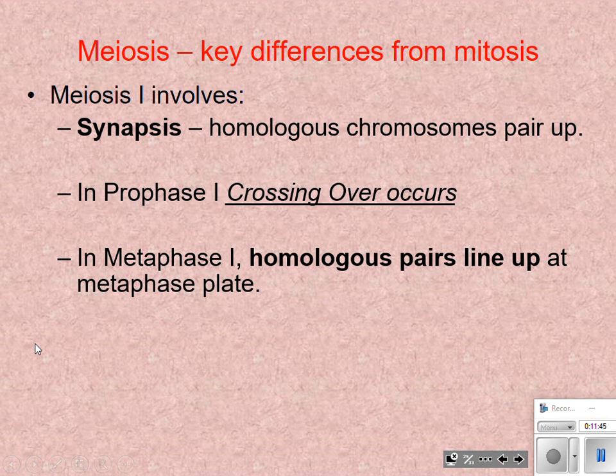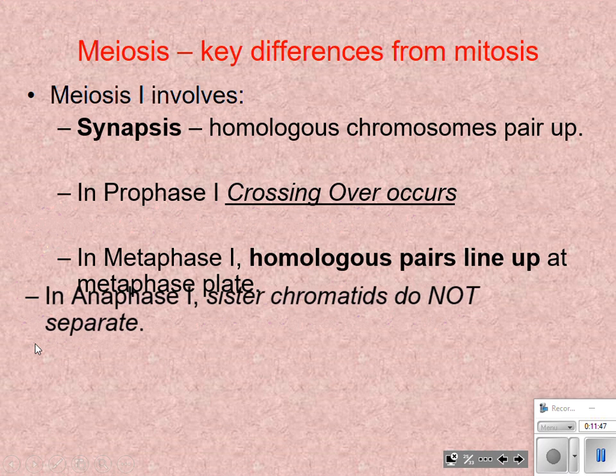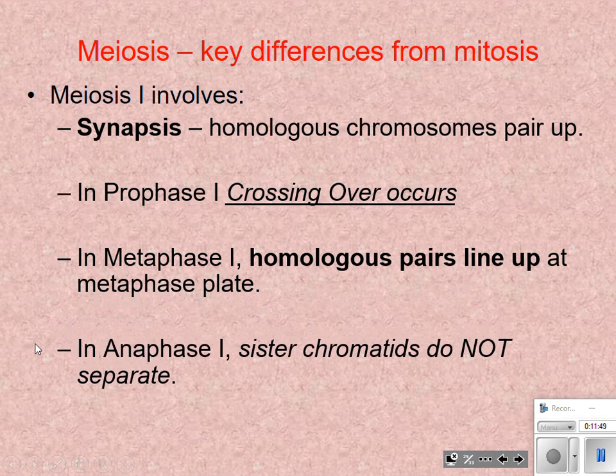The final thing, in anaphase 1, sister chromatids do not separate. Both of the sisters go to the same pole.